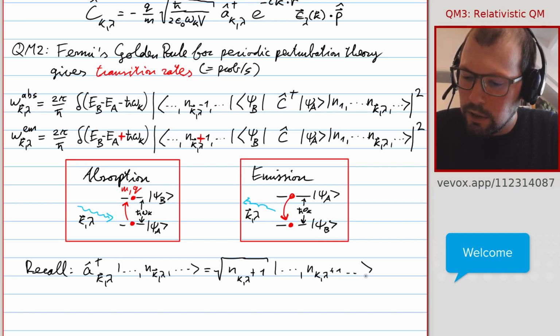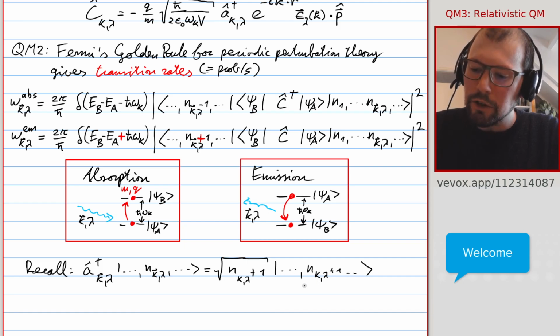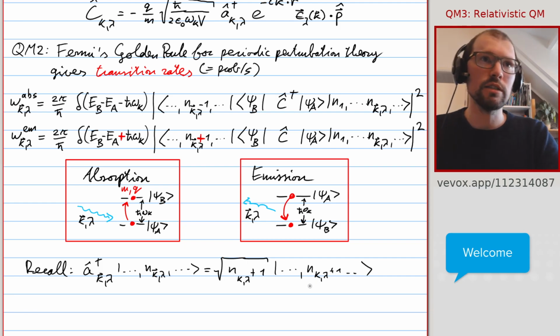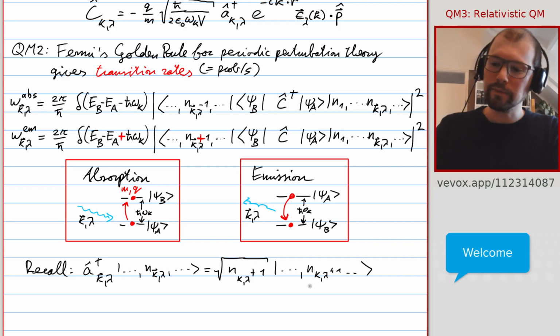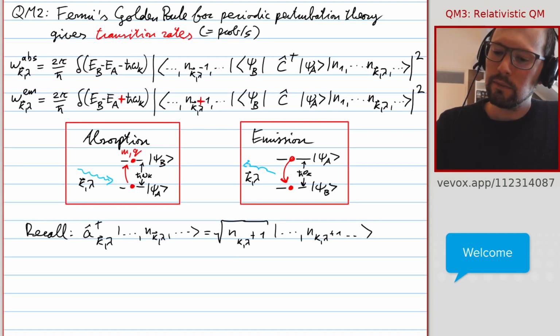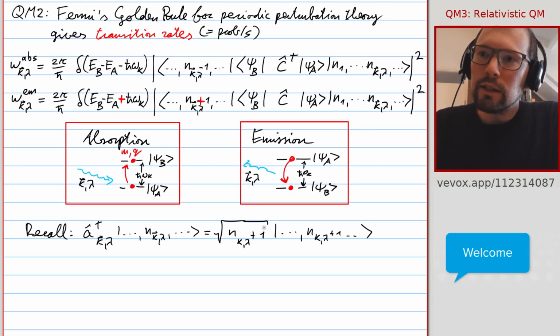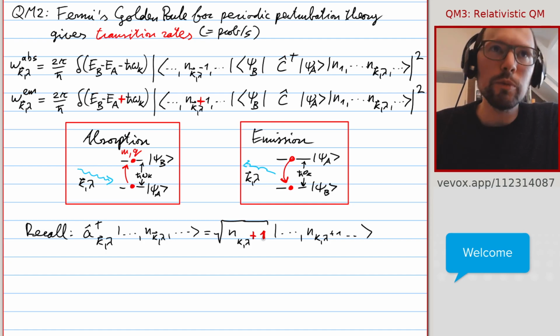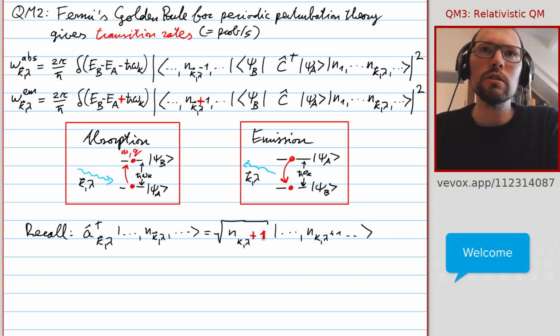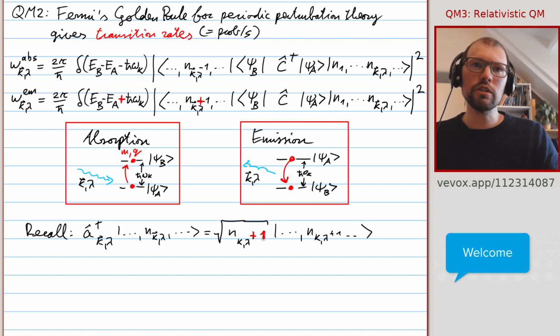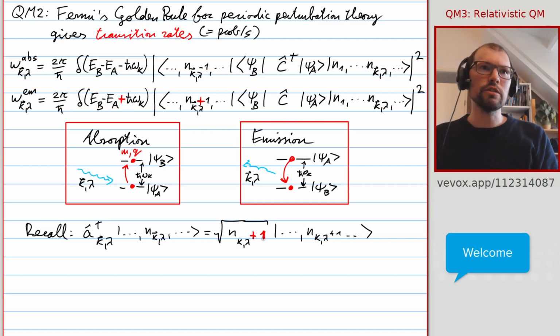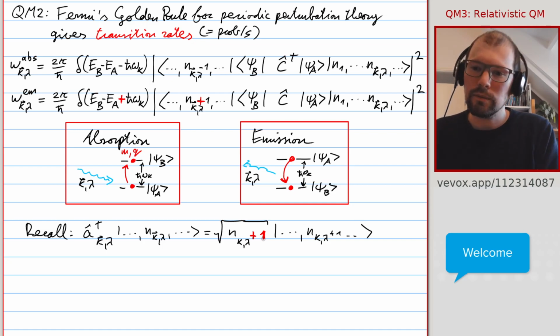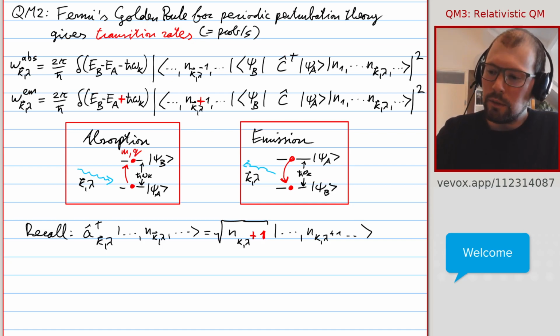So really the square root of the number of photons that you have after you have created this photon. And actually this 1 here is really a purely quantum effect. And it has some repercussions that you would not see if you would just look at this electron interacting with a classical electromagnetic field. So let's make this remark here.